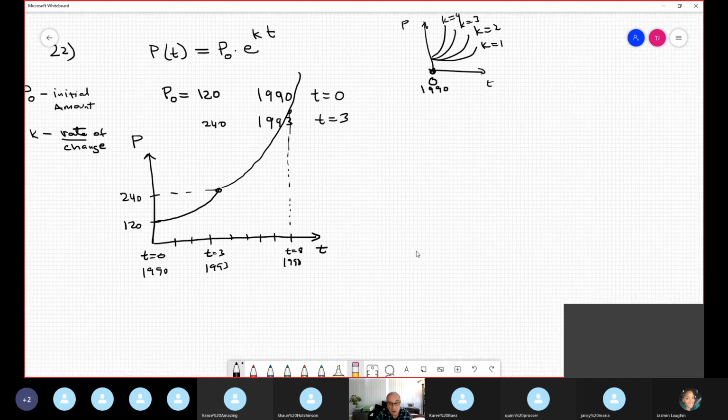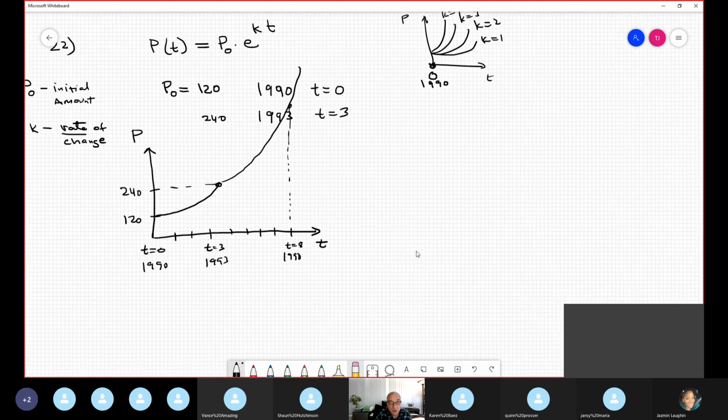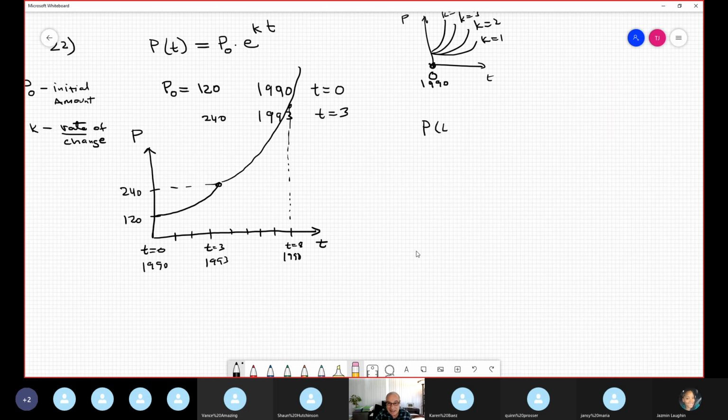Yes. Okay. Let me set out the equation. The population at any time is equal to 120, because P null, the initial amount, is 120, times exponential kt. This is the condition I want to call condition 0, because it is at t equals 0.